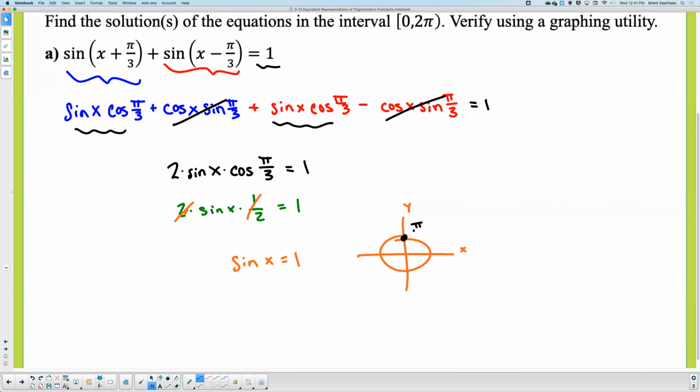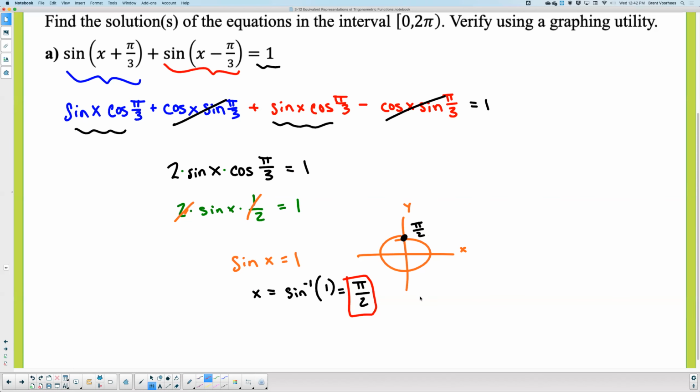If you wanted to write down all the steps, I should have said x is going to equal sine inverse of 1. And y'all are correct in saying that value is pi over 2. The reason I don't like writing sine inverse is technically that restricts half the graph, and you sometimes will have 2 solutions. If you just jump straight to the unit circle, you can get them from there. Pi over 2 would be our only answer.